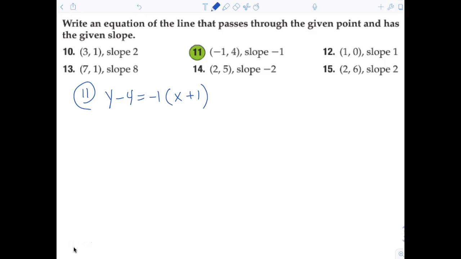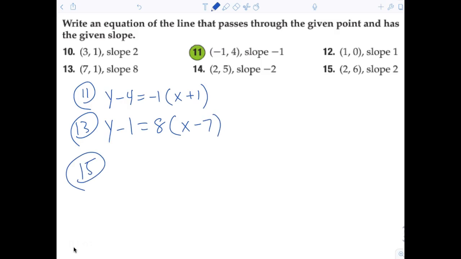All right, Patrick, 13, you're up. All right, Virginia, you're up. Number 15.